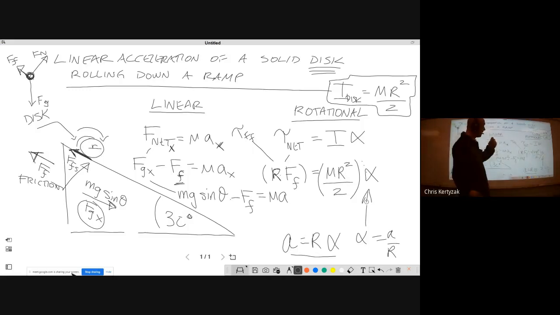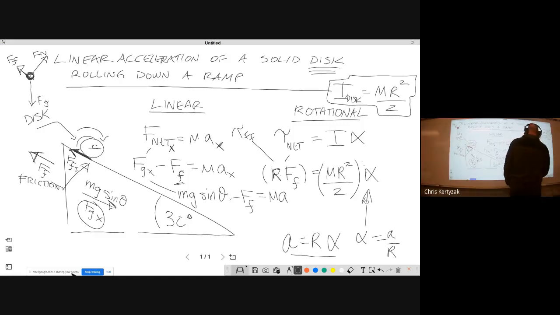I did that with torque by expressing it in terms of FF, since I know the frictional force lives in the other world too, in the linear world. It's right in the middle there, FF. And now I'm undoing the alpha because I can express it as a over R. That's what I'm doing here. So I'm going to erase alpha and put a over R.